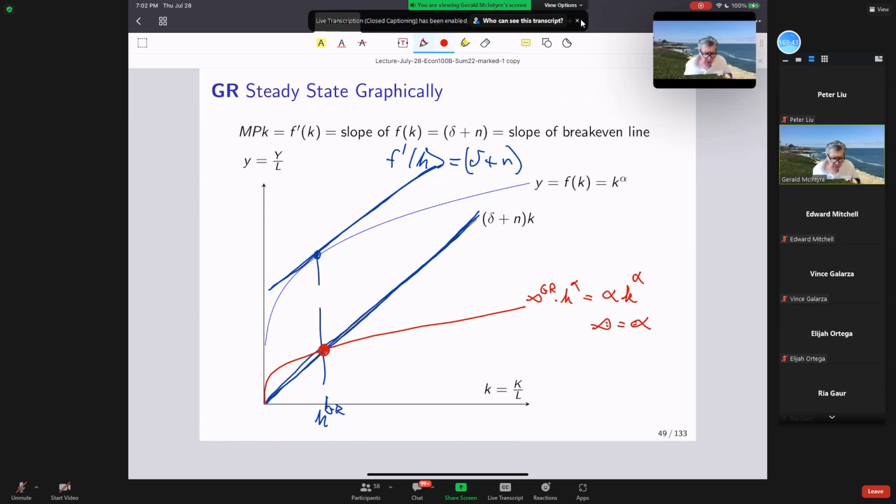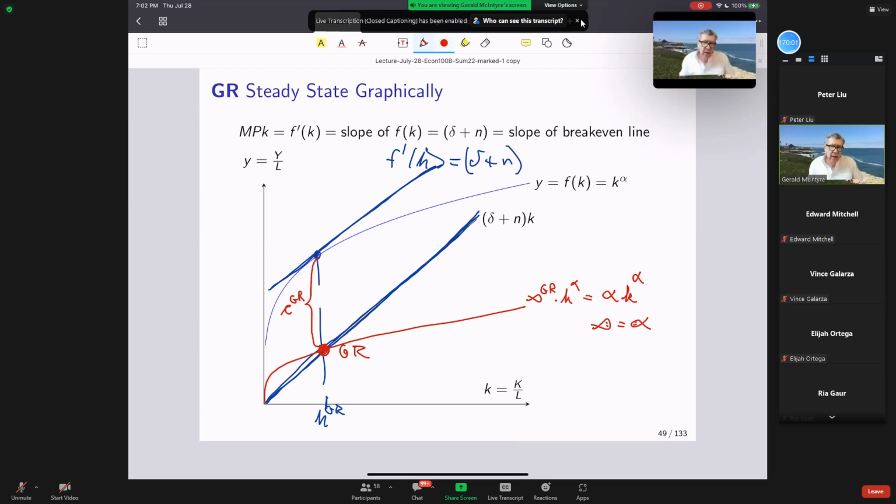So there we are. That is a special steady state. It's the golden rule steady state. And then this consumption here, that's the golden rule consumption per worker. That's the biggest possible consumption that can be fit underneath this graph.